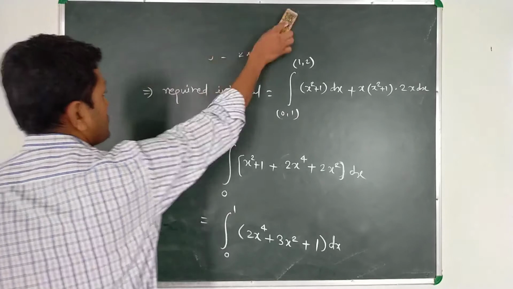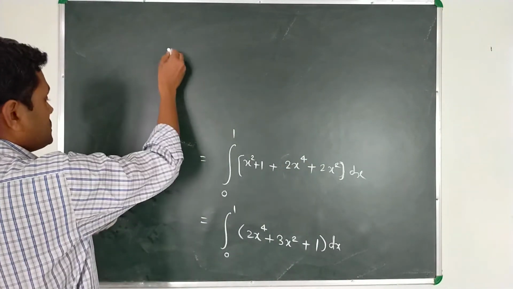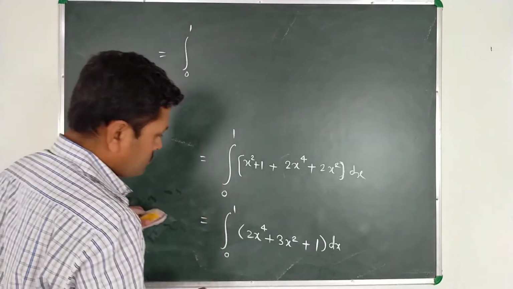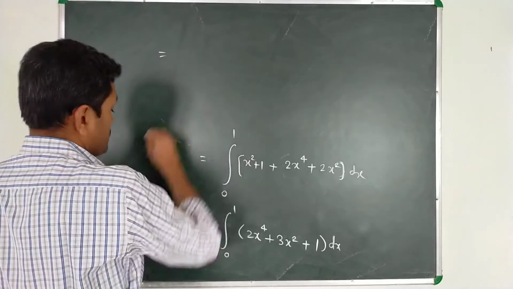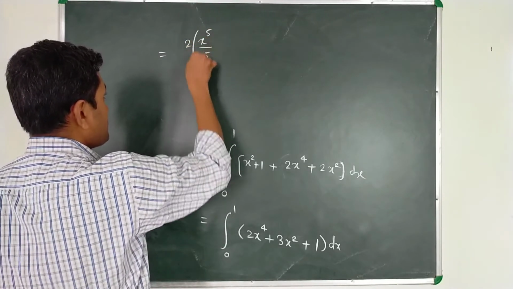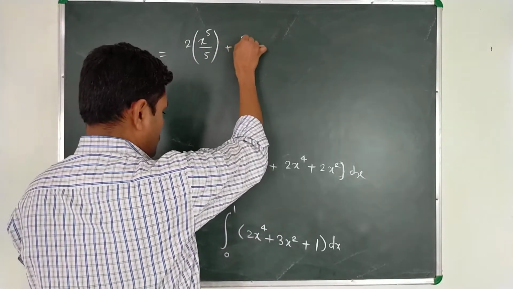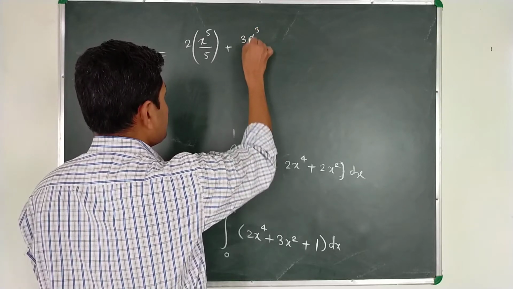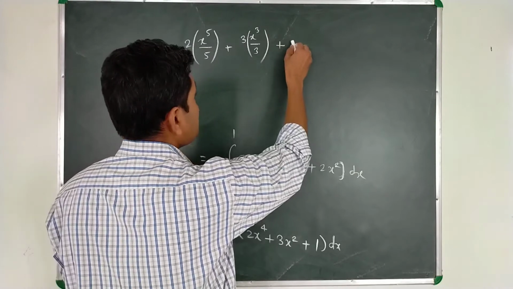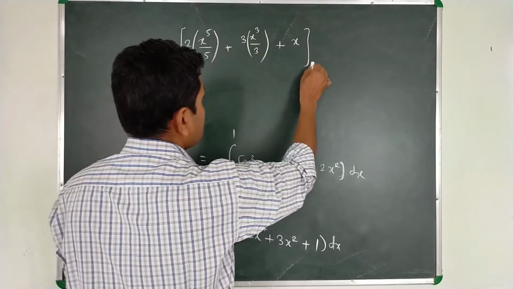Now this integral may be computed very easily. This is equal to, from 0 to 1, 2 into x to the power 5 by 5 plus 3 into x cube by 3 plus 1 into x, from 0 to 1.